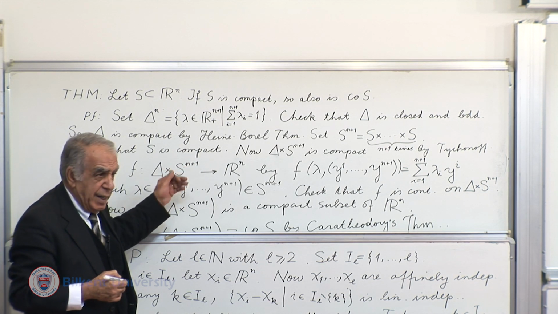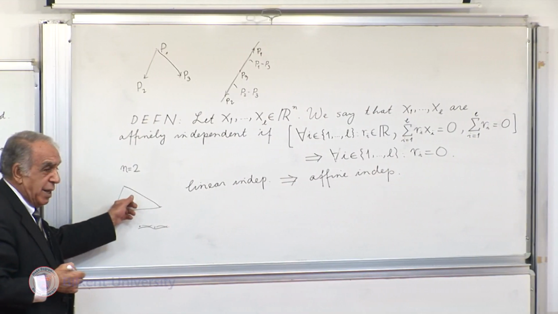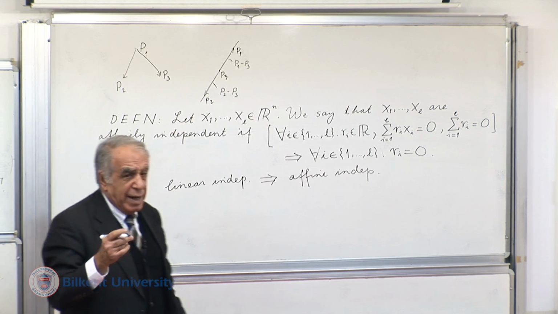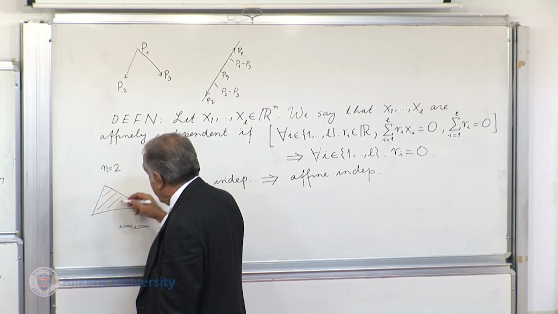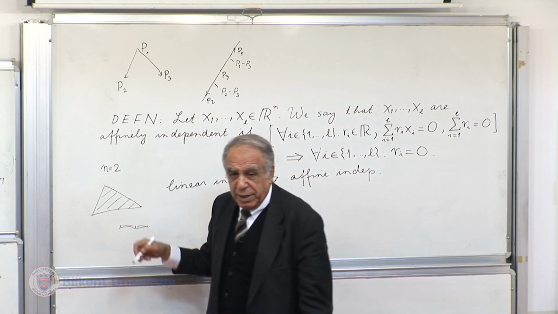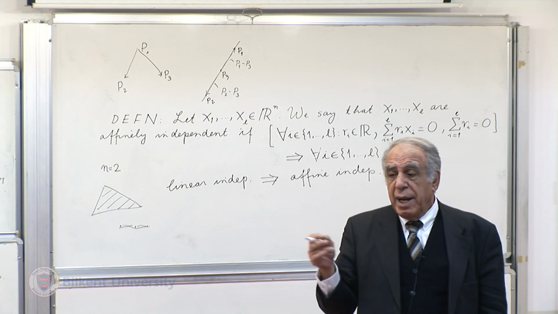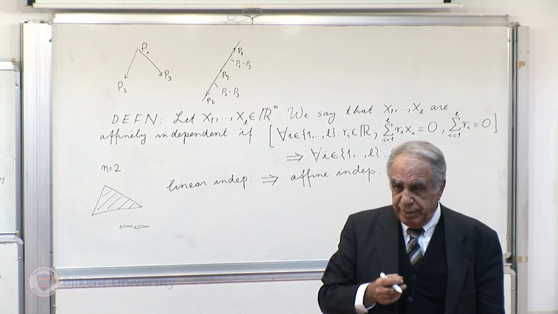Okay? Now a triangle can be defined as the convex hull, when I consider the triangle as this entire region, as the convex hull of 3 affinely independent vectors in R^2.